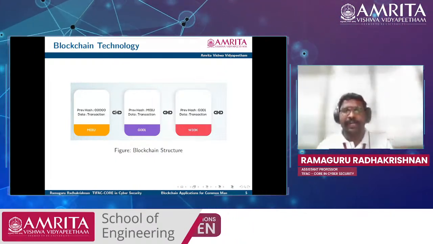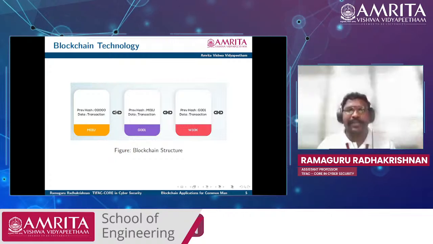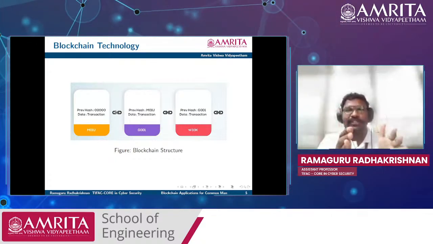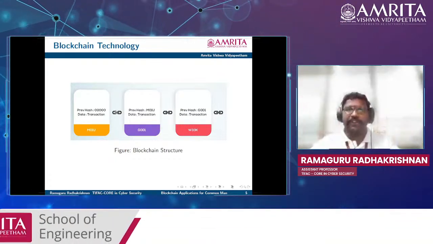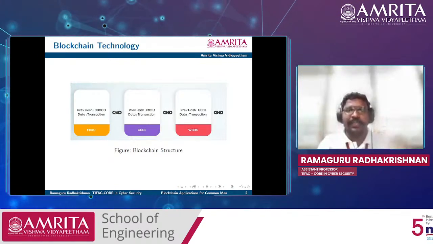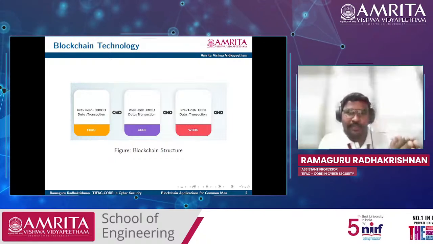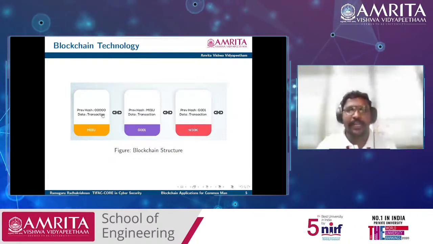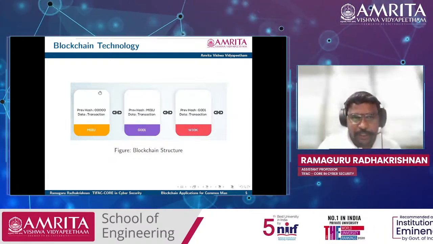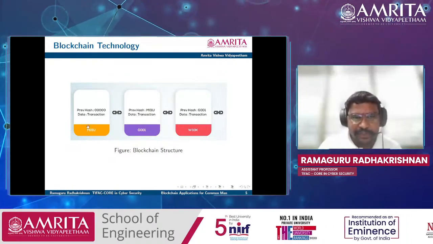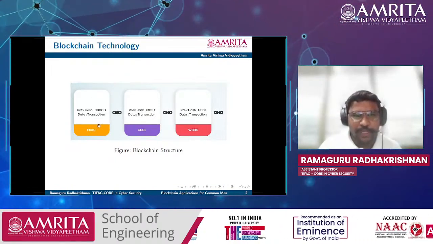In short, a hash function is a digest for a given message. In spite of any variable length input, the hash function gives a short output of a fixed size. Let us assume for this particular block, the hash is M01U.